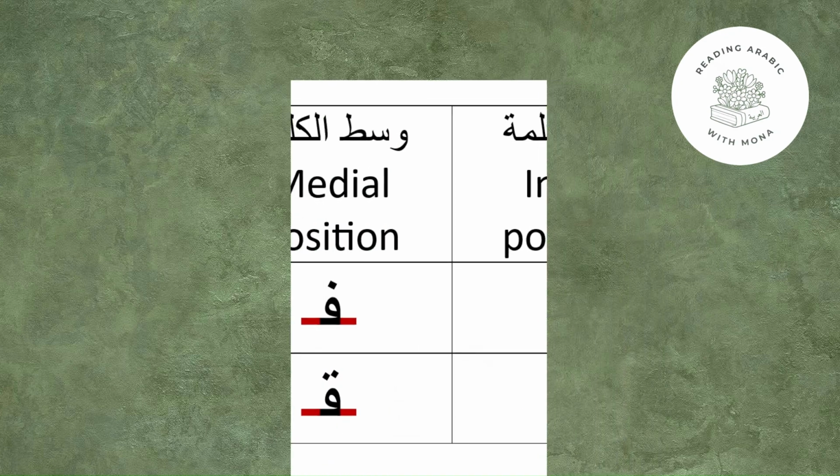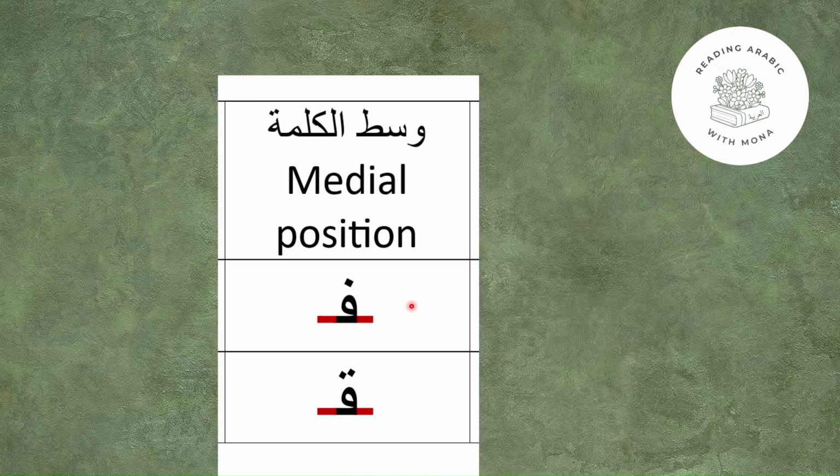Now, let's look at the medial position. Here, we got rid of the short stand or the short line that was rising above the line, holding the two loops.